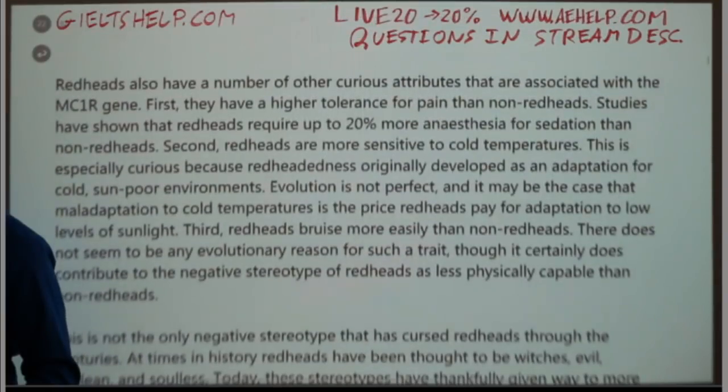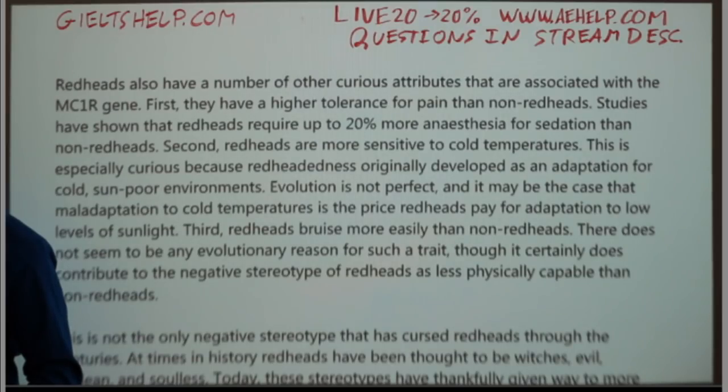Redheads also have a number of other curious attributes that are associated with the MC1R gene. First, they have a higher tolerance for pain than non-redheads. Studies have shown that redheads require up to 20% more anesthesia for sedation than non-redheads.